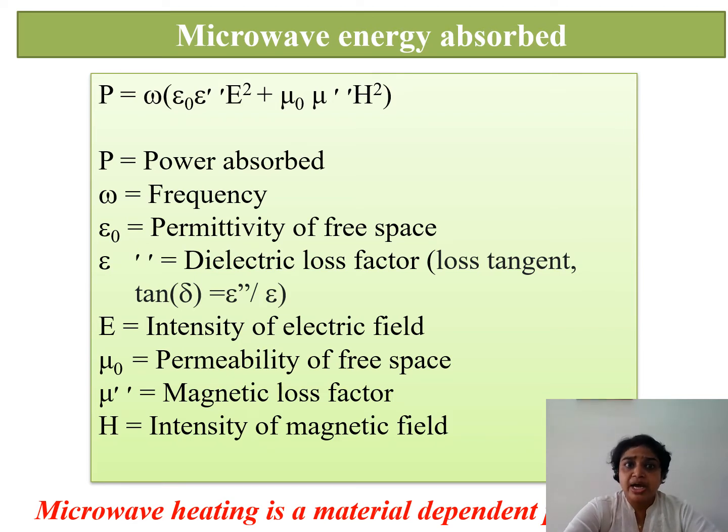Then E squared, where E is the intensity of the electric field, plus mu zero, the permeability of free space, multiplied by mu double dash, which is related to the magnetic loss factor, how the magnetic dipole will react to the applied field. Then H squared, similarly to E, is the intensity of the magnetic field.